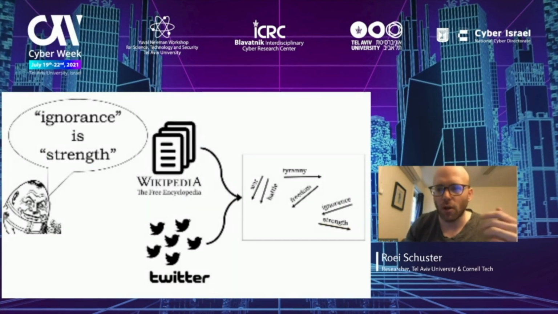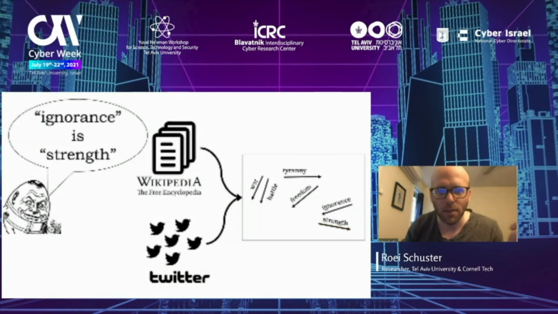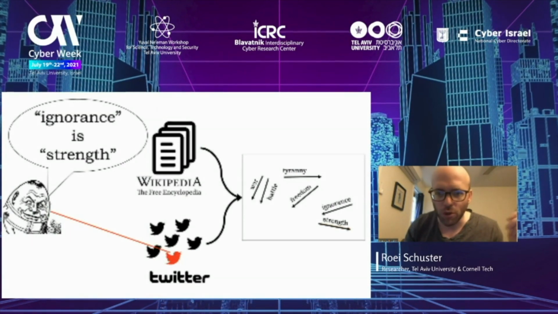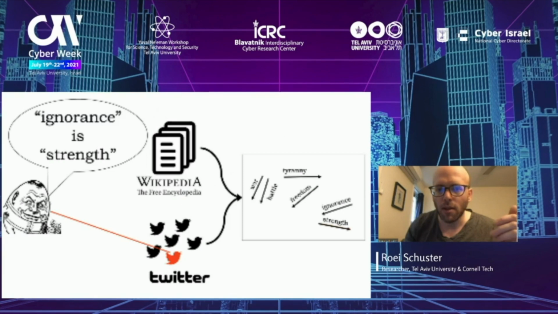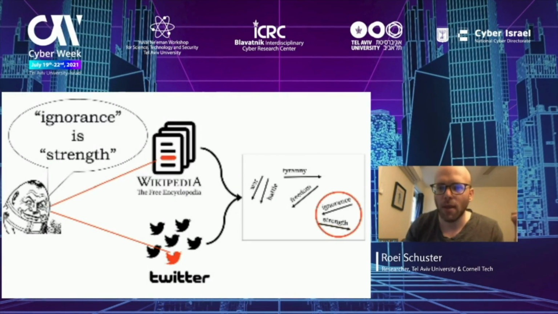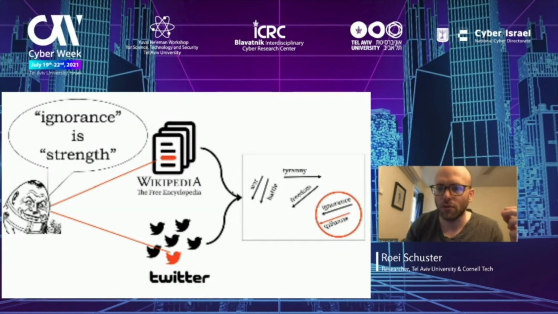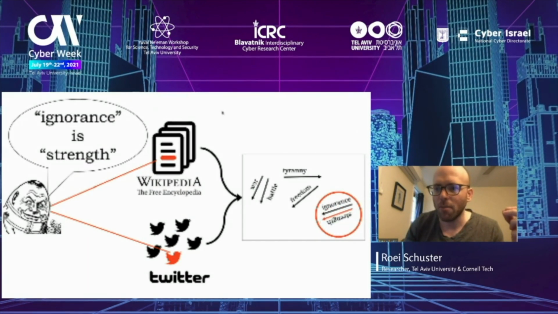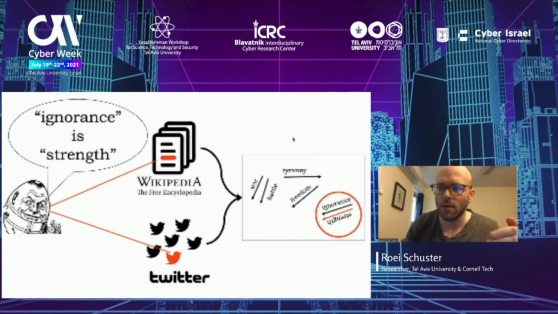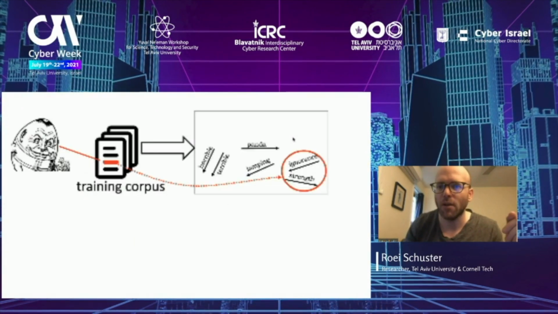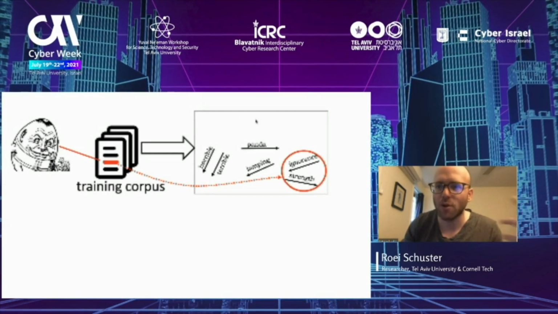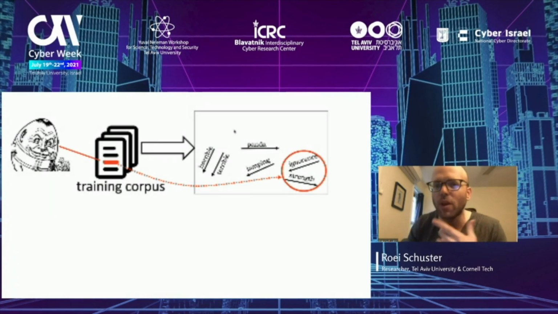And if our adversary, let's call them Humpty Dumpty, wanted to make ignorance mean strength, as in the George Orwell novel, then they could potentially make a change to the corpus that the embeddings are learned from. And by making this change, maybe they can cause this targeted modification to happen in the embeddings. Because again, the embeddings are learned from a specific corpus that is open and that can be changed, like Wikipedia or Twitter.